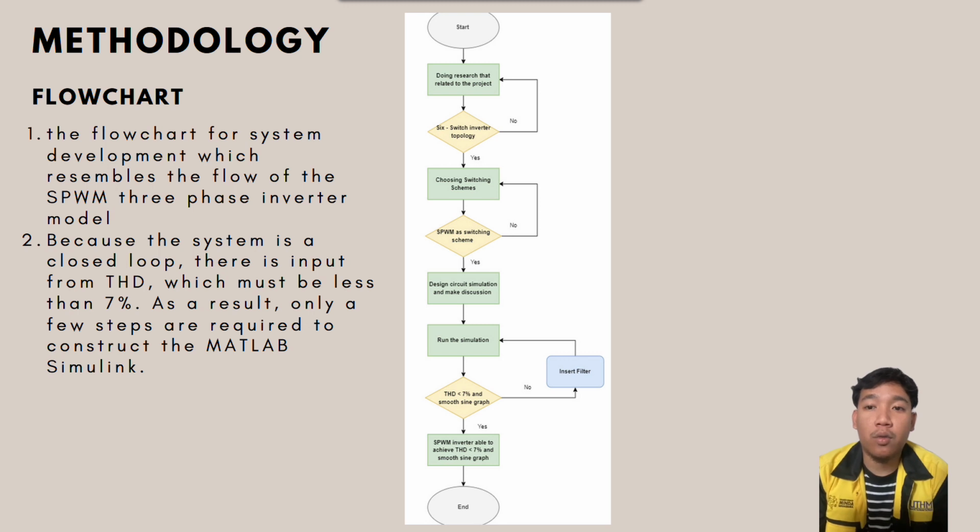First, we need to do research related to the project, and next we need to seek the switch inverter topology. We proceed to choosing the switching schemes, design the circuit simulation and make a discussion. After that, we run the simulation and we must get the THD less than 7% and achieve a smooth sine graph.